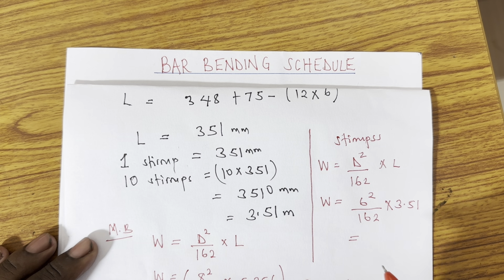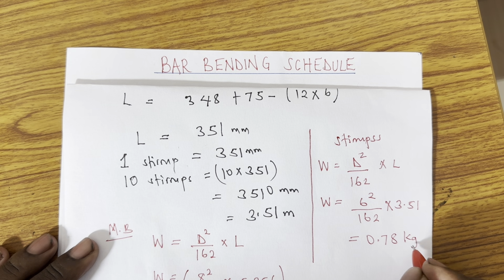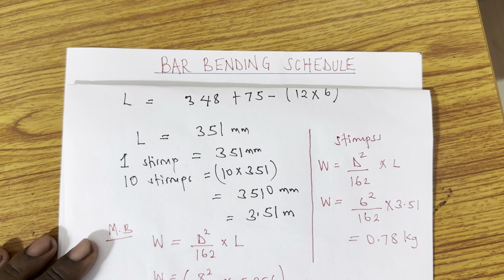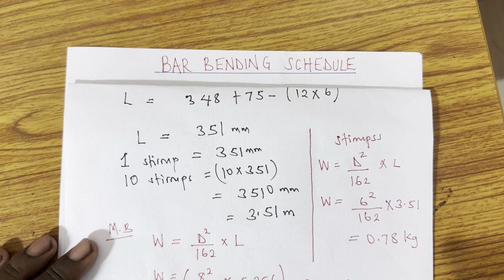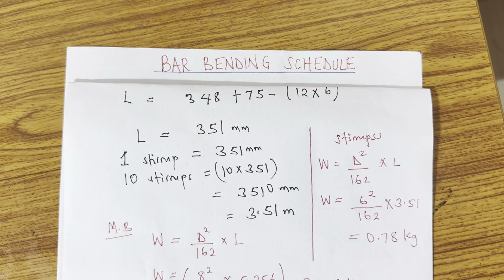If you calculate this, you come to 0.78 in terms of kilogram. So if you want to buy it, you must calculate it in kilogram, not in meter. I've done both: in terms of meter, because we're going to cut it to do the casting in the lab, then in terms of kilogram when you want to buy.